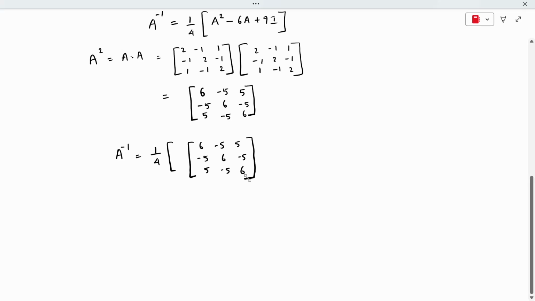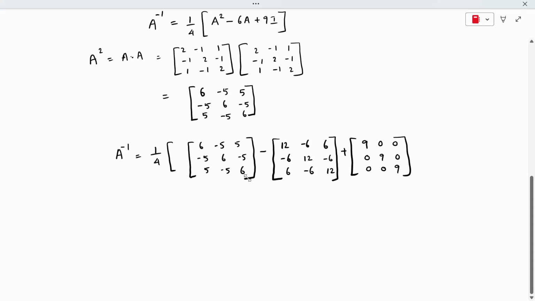Minus 6 times A. So 6 times you multiply with A: 12, minus 6, 6; minus 6, 12, minus 6; 6, minus 6, 12. Plus 9 times the unit matrix, so 9, 0, 0; 0, 9, 0; 0, 0, 9. Write all this as a single matrix.